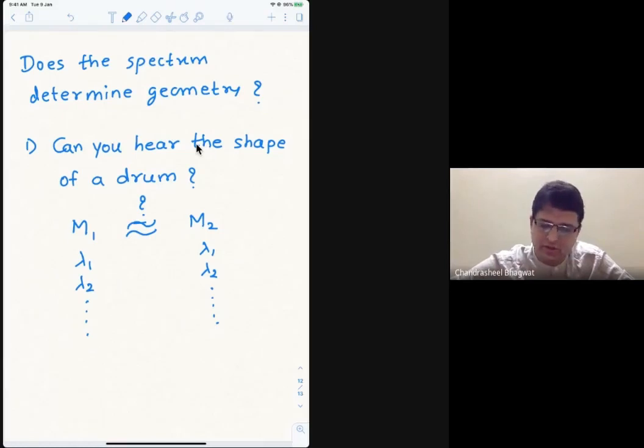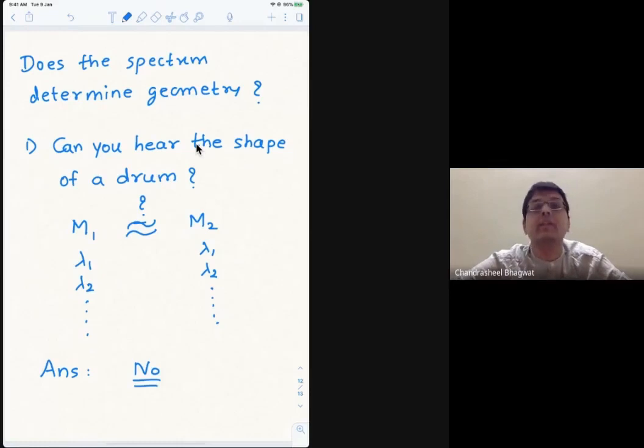Later on, there was a lot of study, and a lot of interesting answers to this question came. In some cases the answer is yes, but the generic answer is no. The systematic study of such a thing was made by two mathematicians, Sunada and Vigneras.